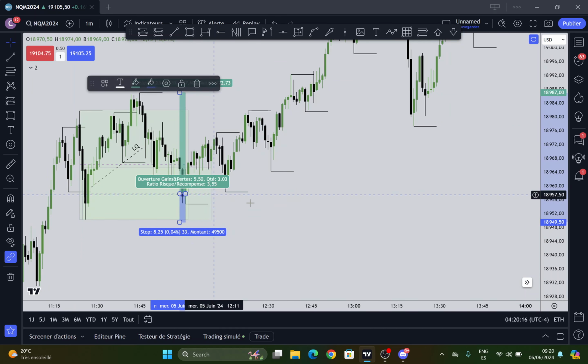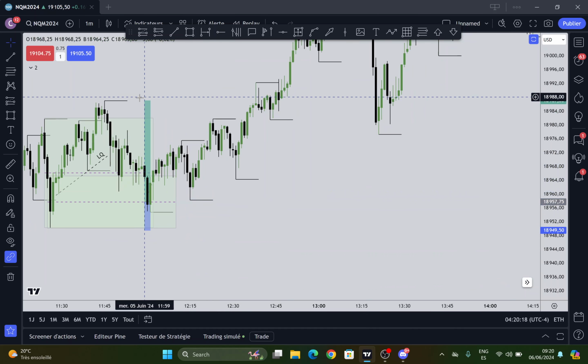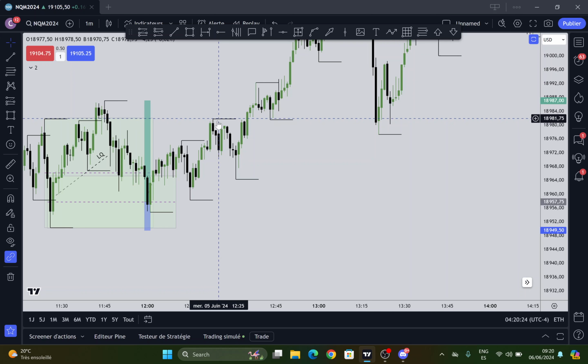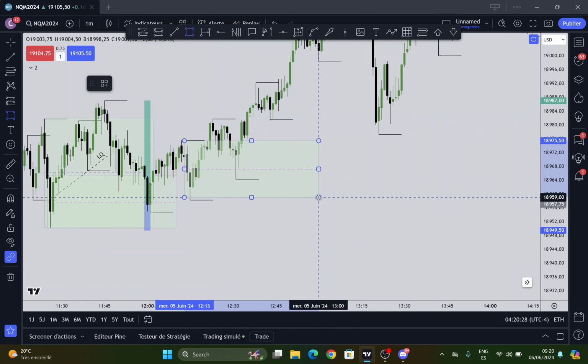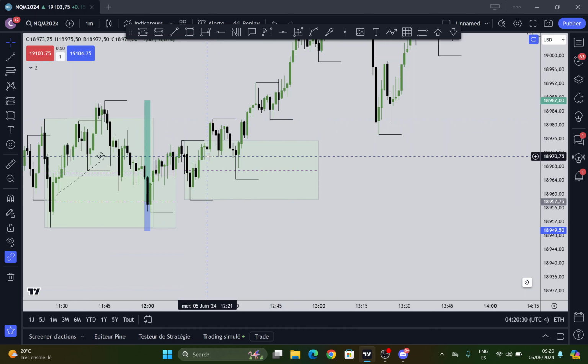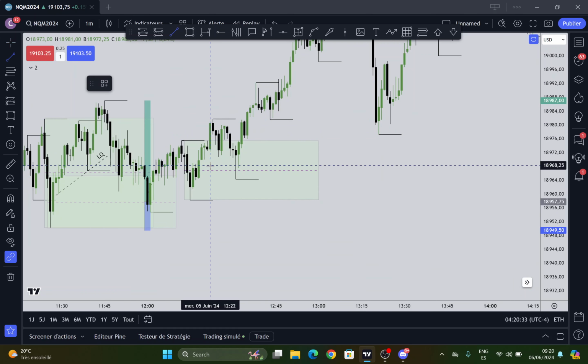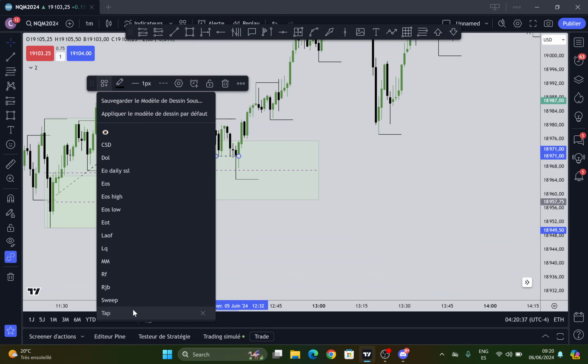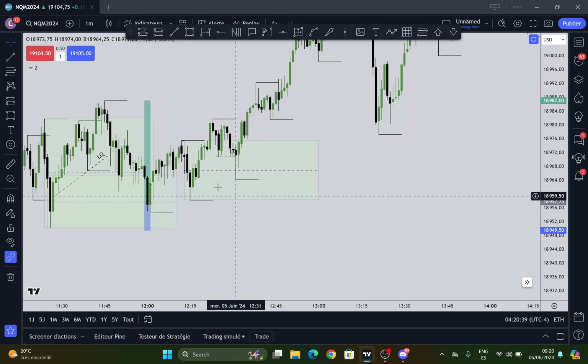So going for our target, we created this zone, and this was also one setup for life, right? So this was our bullish zone right here. This was our liquidity, right? What do you do?